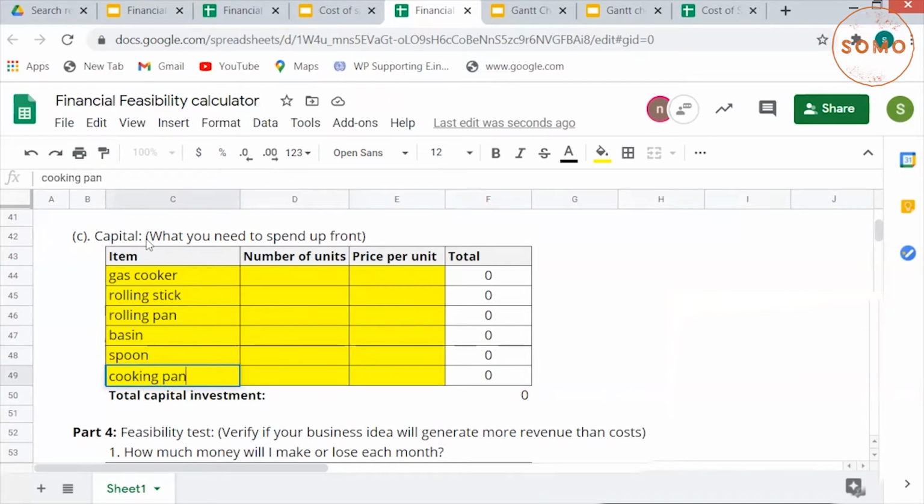These are capital expenses for Sarah's business.